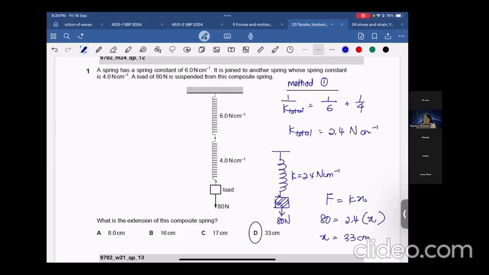You can use F equals Kx to find the extension of each spring, then add them up. This is what we learned last time. But today we learned we can calculate the overall spring constant. If no question, we go to question number 2. Is it okay?